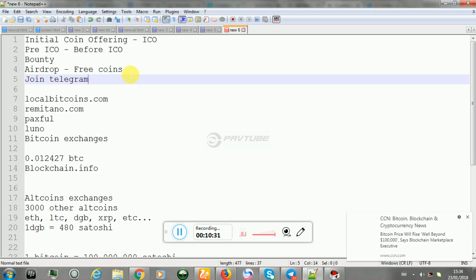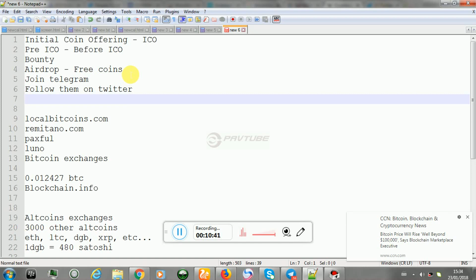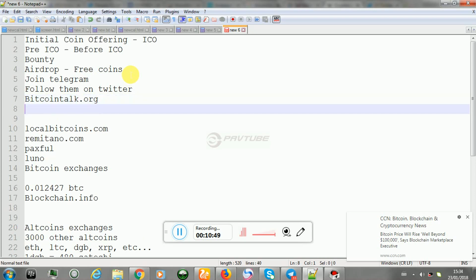Another one would want you to follow them on Twitter, like I said earlier. Then another one would want you to contribute to their thread on bitcointalk.org. Another may want you to share some information on Facebook.